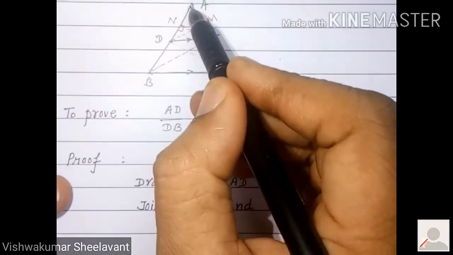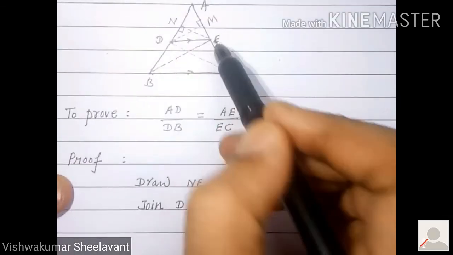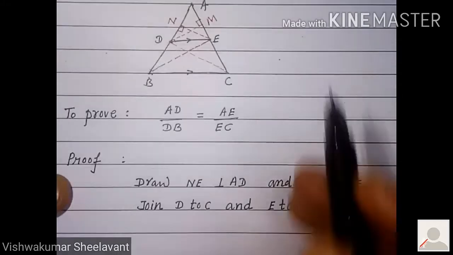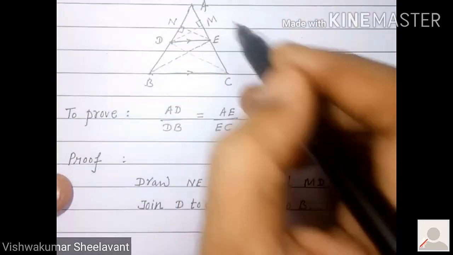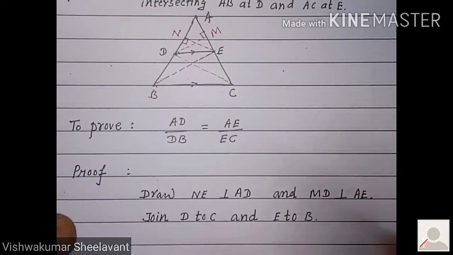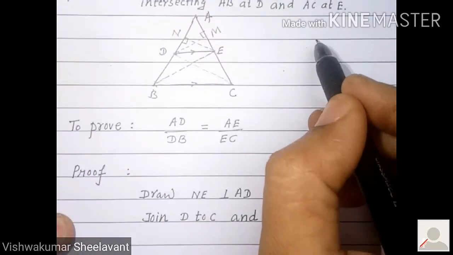Now only consider triangle ADE. What have to consider? Triangle ADE. How it appears?